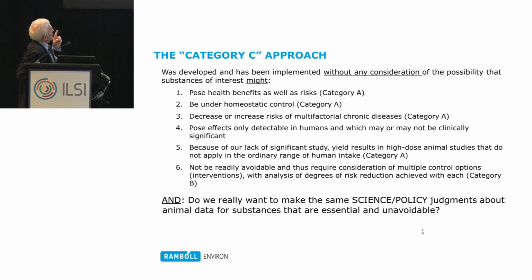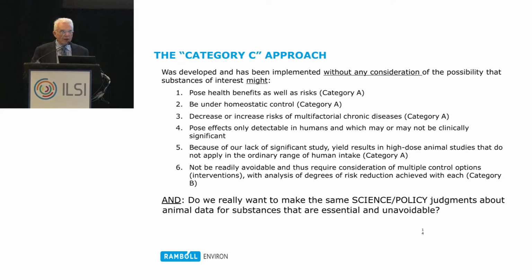And then finally, in the last category, the substances that are contaminants of food, or these processed chemicals are just maybe not readily avoidable, they should require consideration of multiple control options, different kinds of interventions, and look at how risk is altered by those interventions.